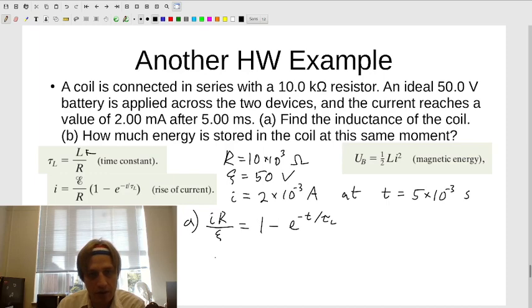So this would let me add e to the minus t over tau on both sides and subtract off IR over epsilon on both sides. And this would give me e to the minus t over tau equals 1 minus IR over voltage. Okay, so I hope you see what I'm going to do now. I'm going to take the natural log of both sides.